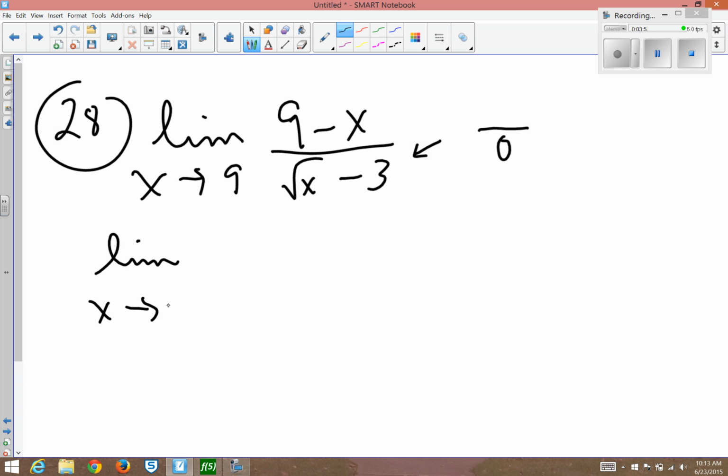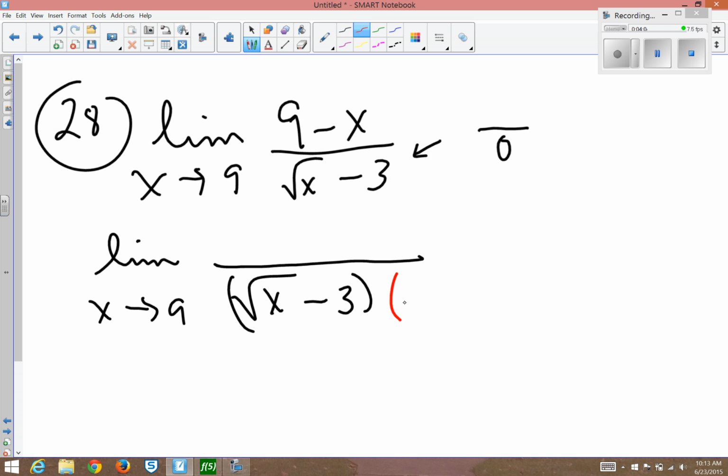So we're going to do an algebraic strategy called rationalize the denominator. That means we're going to multiply the denominator by its conjugate, radical x plus 3. If we multiply the denominator by radical x plus 3, we have to multiply the numerator by the same thing.